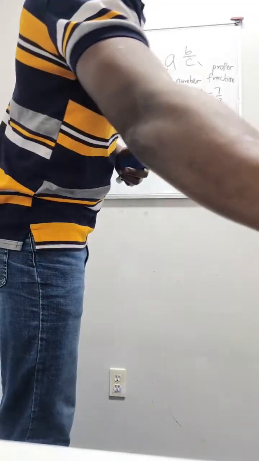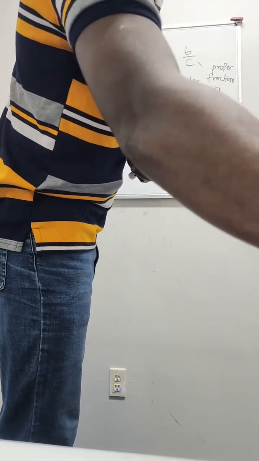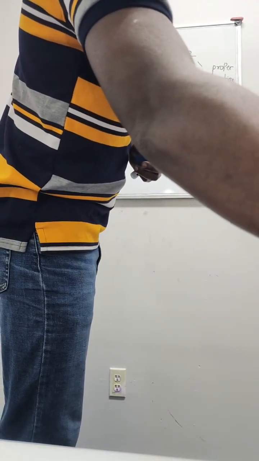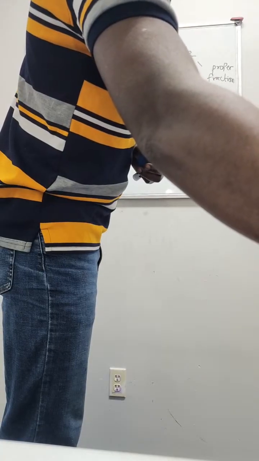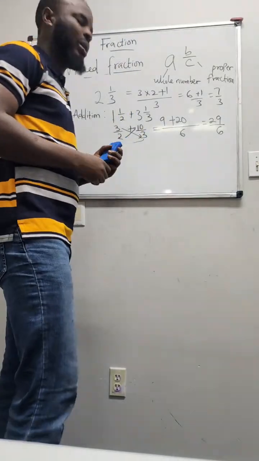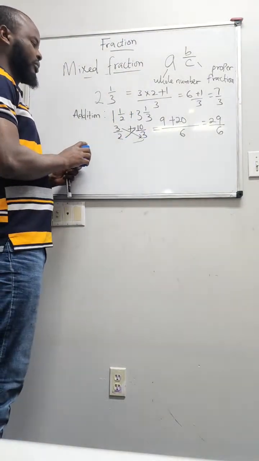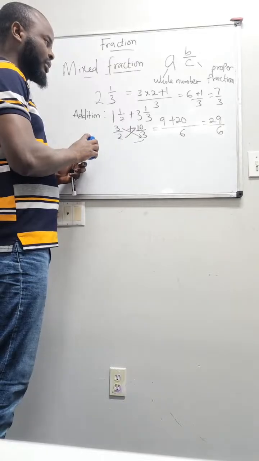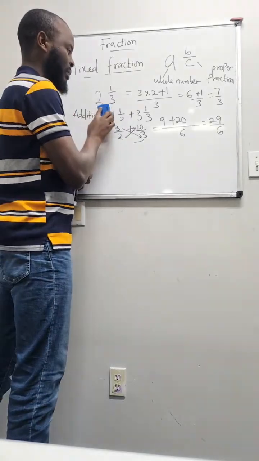Now we want to use the same approach to do this. So we are using the same approach to solve this question. And the question is, let me clean this.